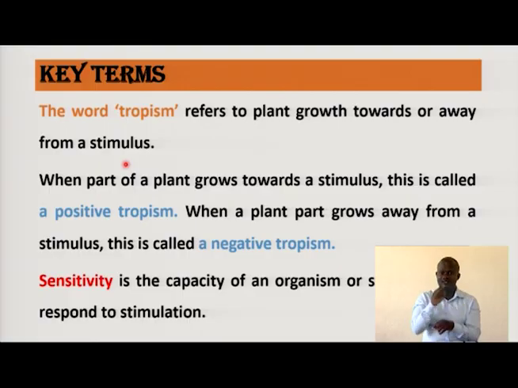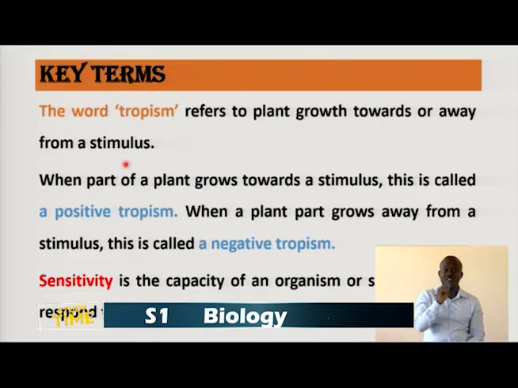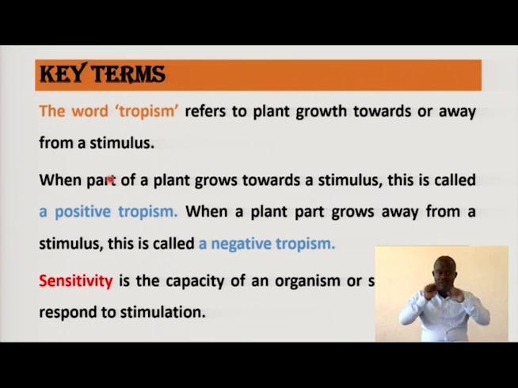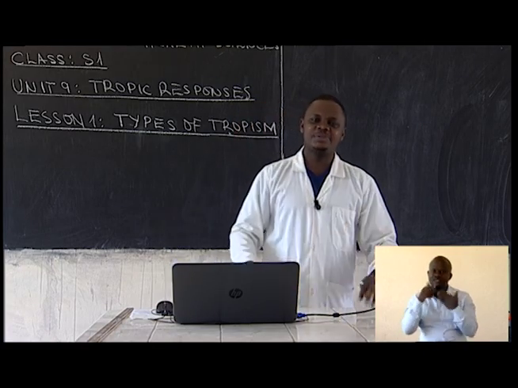That means when the plant grows towards the stimulus or when it grows away from the stimulus, that is what we call tropism. And are you able to give different examples of stimuli or stimulus when it is one? That's very good. If you're able to give different examples of stimuli or stimulus, that is extremely good.